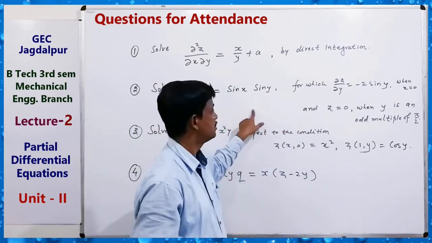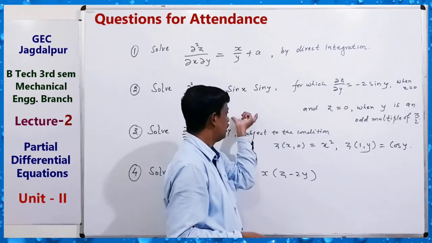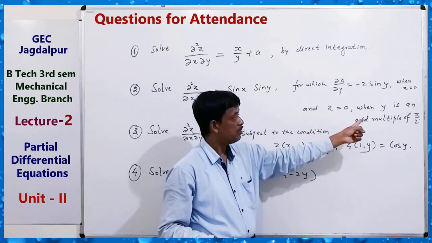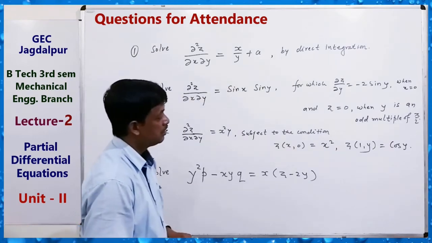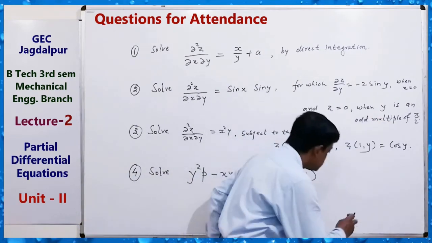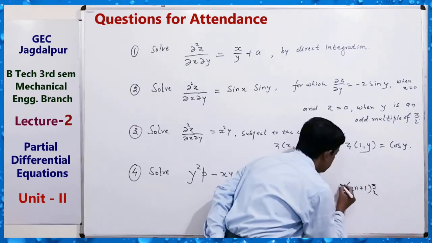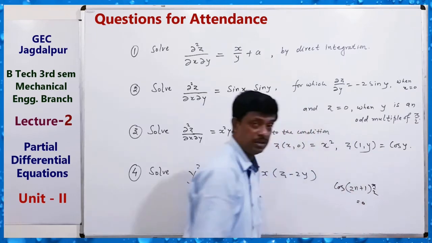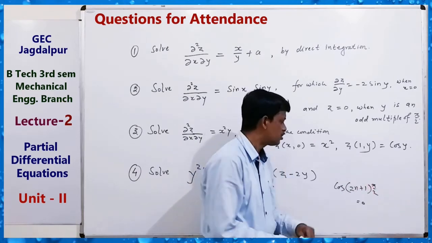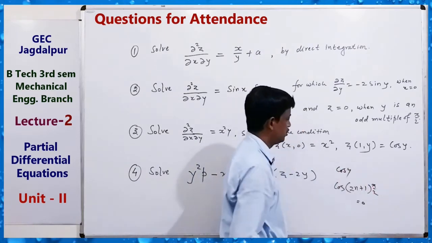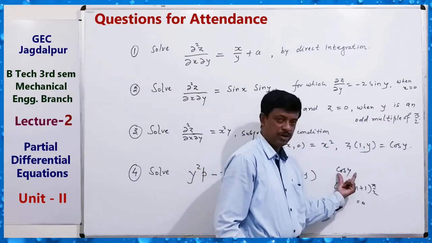Then use z equals 0 when y is an odd multiple of pi by 2, which means y equals (2n plus 1) pi by 2.